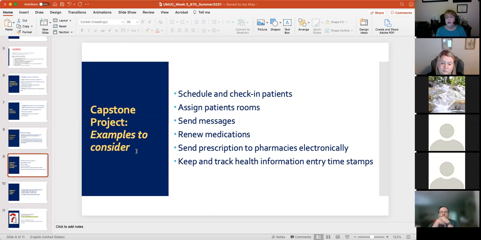And then, of course, remember health information entry timestamps. This is something the computer will do automatically. If you remember back when we used to have paper, if any of you are old enough to remember paper records, if something had to be added to the chart, you had to put your initials, the time and the date that this was added to the chart.